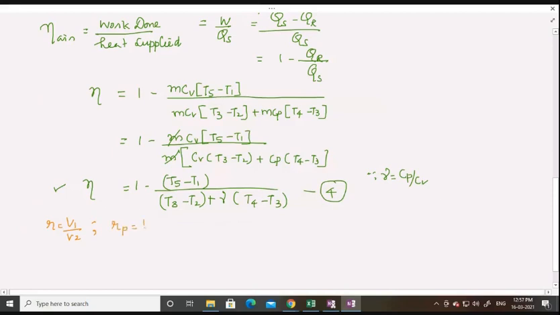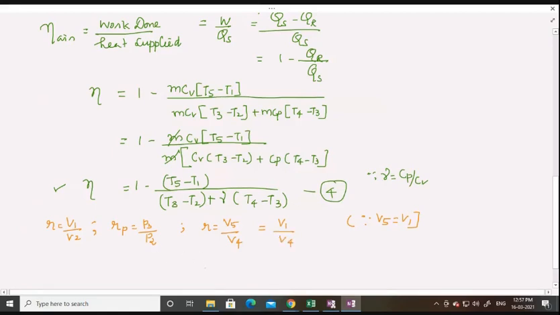We can say it is P3 divided by P2. And expansion ratio is denoted by the symbol R, where the expansion ratio takes place between 4 and 5. So we can say V5 divided by V4, and because of the constant volume process, V5 is equal to V1. So we can use V1 divided by V4, right?